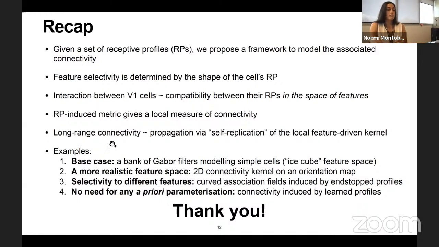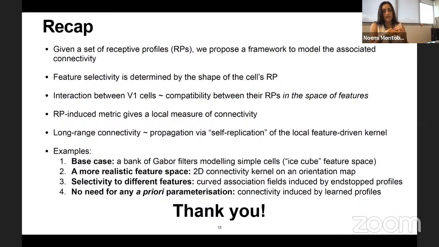So the framework makes very few assumptions, so it's quite flexible and it can apply to very different banks of filters. So in the Gabor case, we obtained an existing differential model of lateral connectivity as a limit case for our distance.